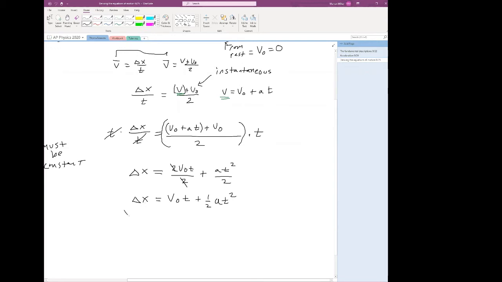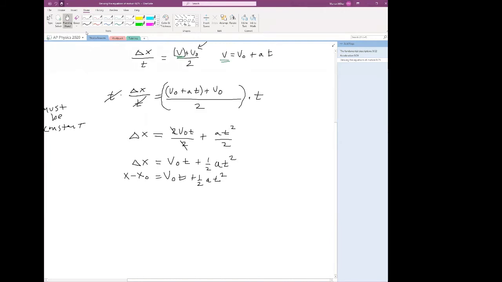We write it as x minus x naught is equal to v naught t plus 1/2 a t squared. And the most general form of this equation typically is your final position x is equal to your initial position plus your initial velocity times the time plus 1/2 the acceleration times the time squared.